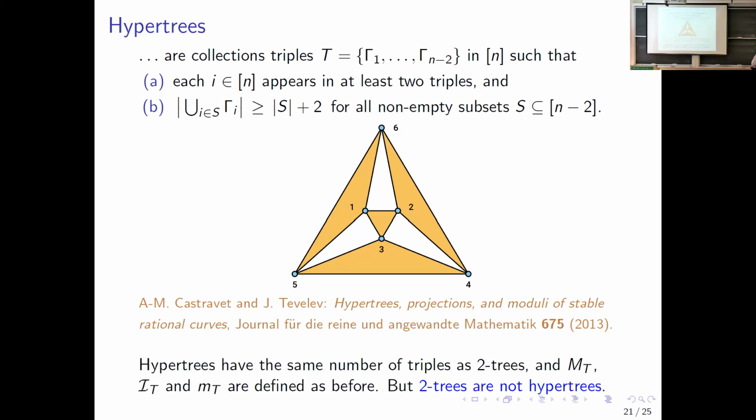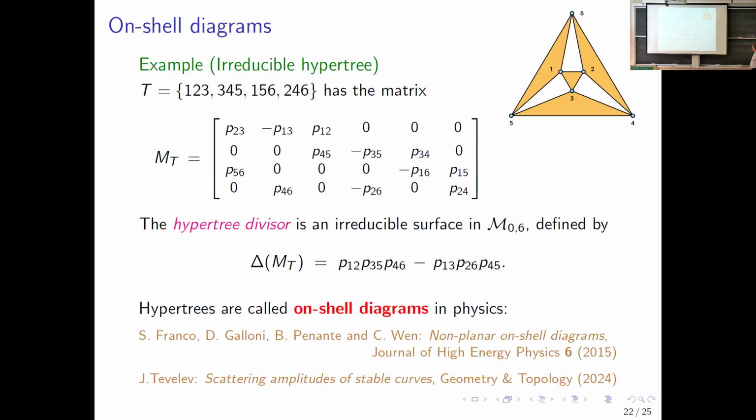Okay, so what about these hypertrees? Well, let's do an example. Here's an example of something they call an irreducible hypertree. For example, if you take those 4 triangles, every other triangle in the boundary of an octahedron, it's an irreducible hypertree. And then there's the corresponding circuit matrix as before. You take the GCD of the 4x4 minors, and you get this irreducible polynomial, P12 times P35, minus this one.